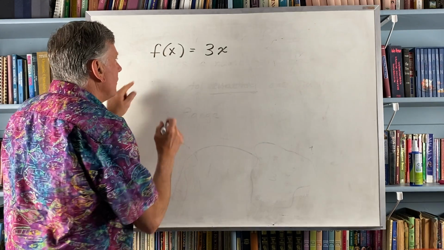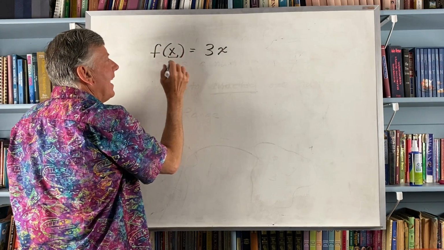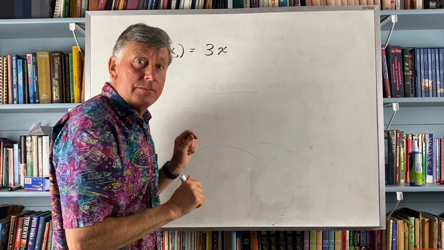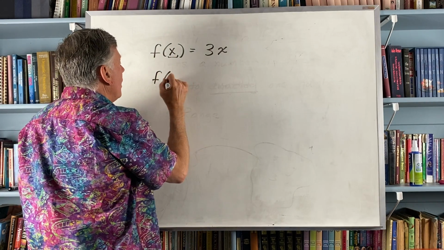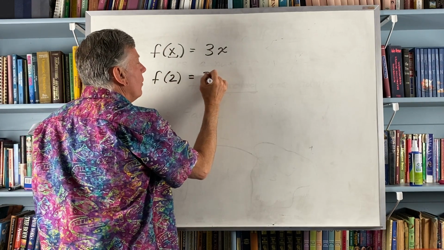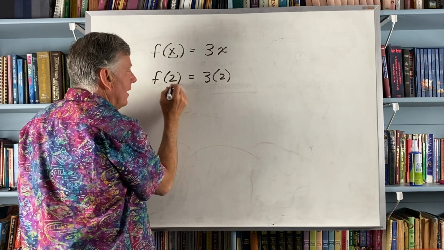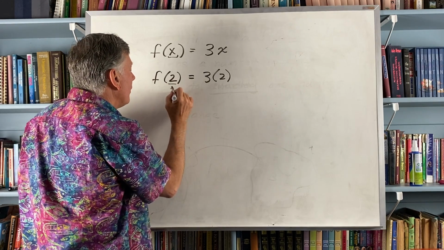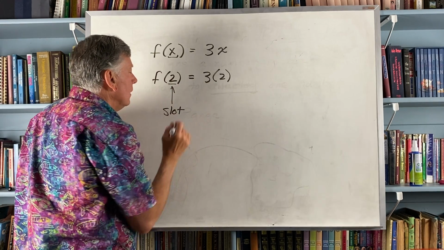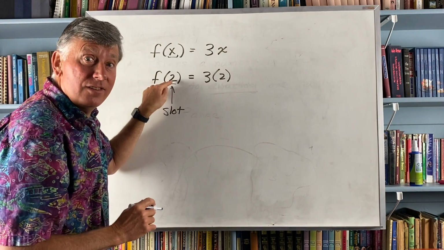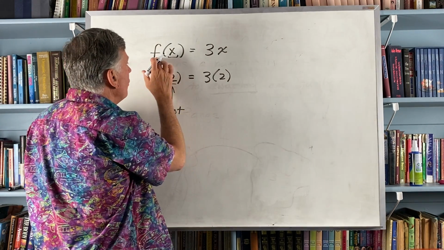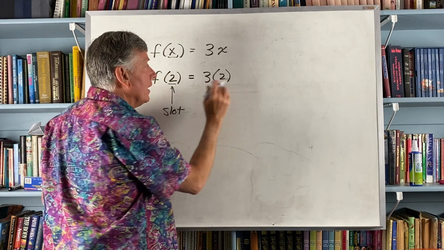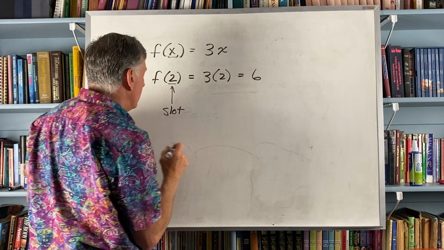F is telling me that whatever x I have, I'm going to take that x and multiply it times 3. So f of 2 is going to equal 3 times 2. That thing that's in the parentheses, this is what we call the slot. 2 is in the slot. The function f tells us to take what's in the slot and multiply it times 3. And so we get 6.